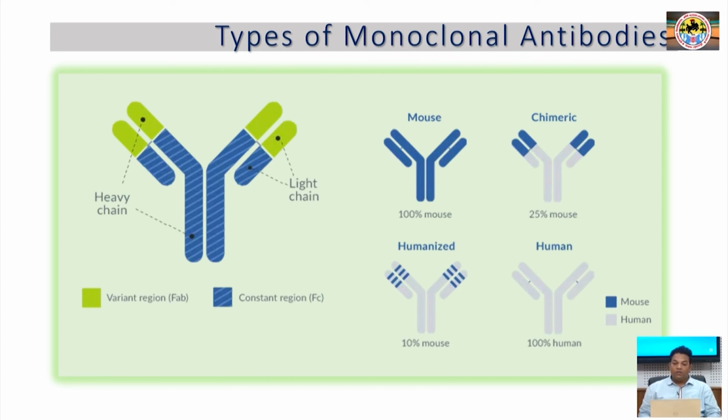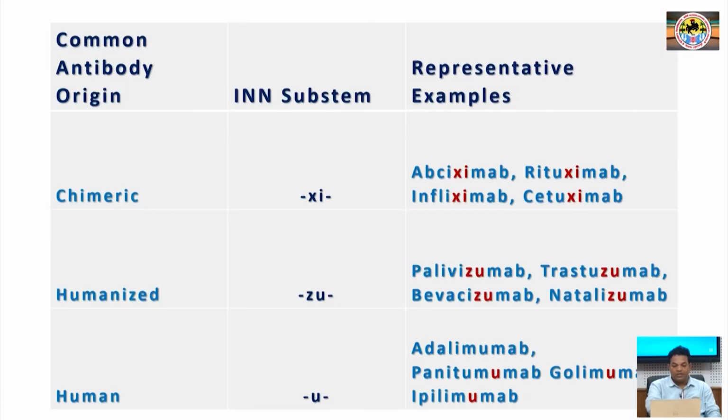In this figure, the mouse antibody, chimeric antibody, humanized and human antibody are shown. By seeing this picture, you can understand in a better way the types of antibody.